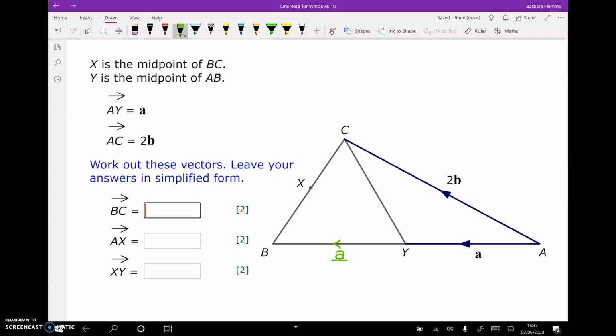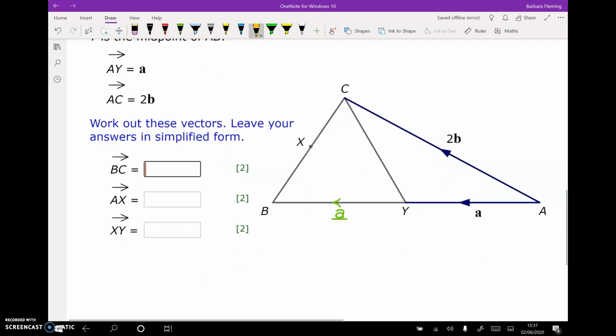So B to C. Around about right here, we're going to go the whole way from B to A first off, and then that's going to be followed by A to C. So our B to A, well, it's going the opposite direction to our arrow, so it's a minus 2A.